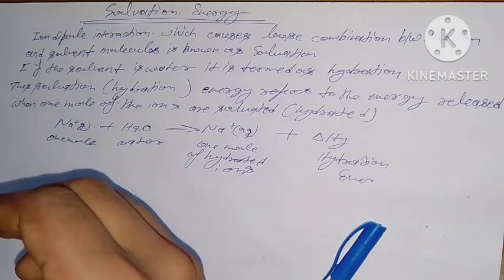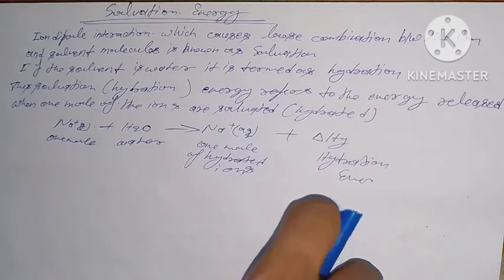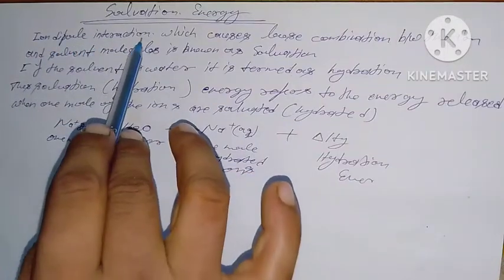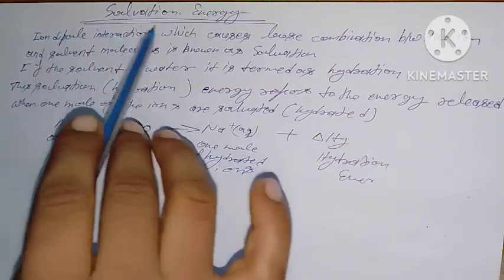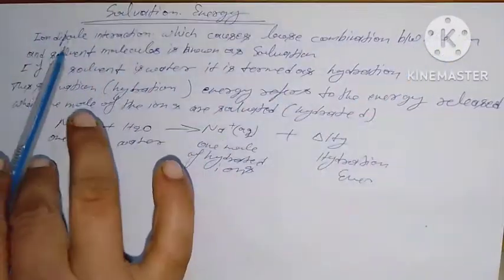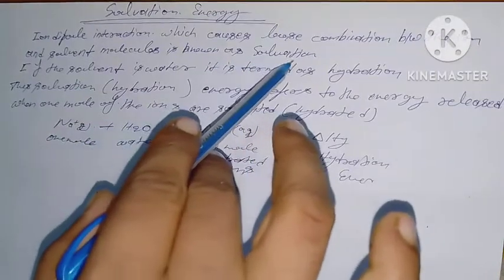Surrounding solvent molecules partly neutralize the charge of the ions. Thus, ion-dipole interaction, which causes loose combination between the ion and solvent molecules, is known as solvation.